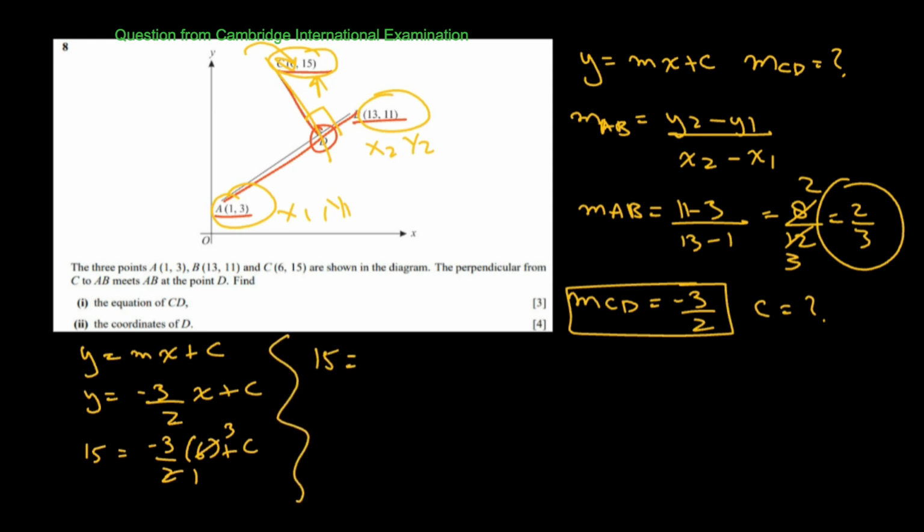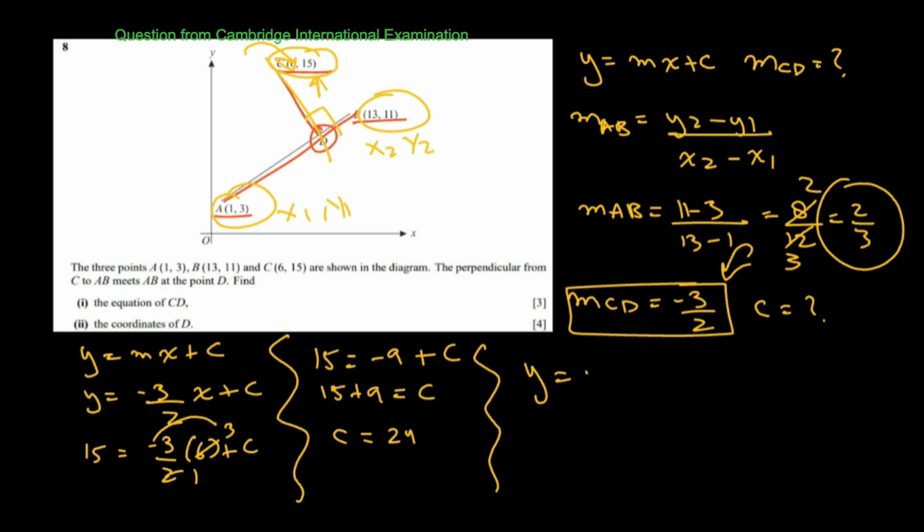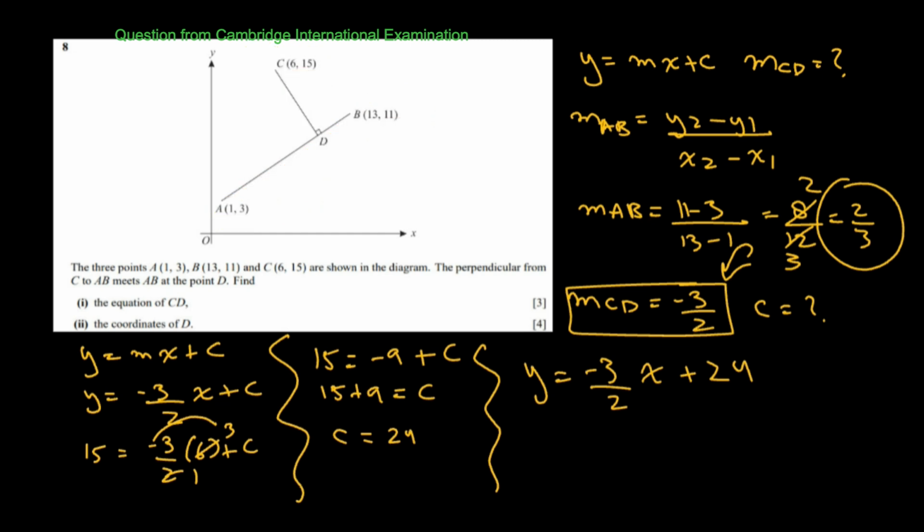So 15 equals negative 3 times 3, negative 9 plus c. So 15 plus 9 equals c, and c equals 24. So the equation of line CD becomes y equals negative 3 over 2x plus 24. So the equation of CD is y equals negative 3 over 2x plus 24.